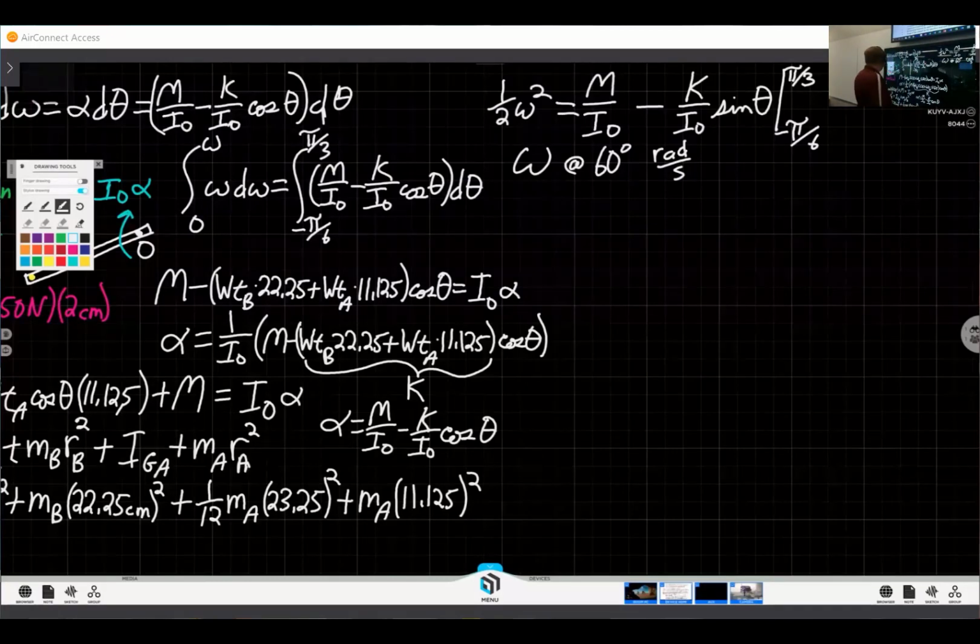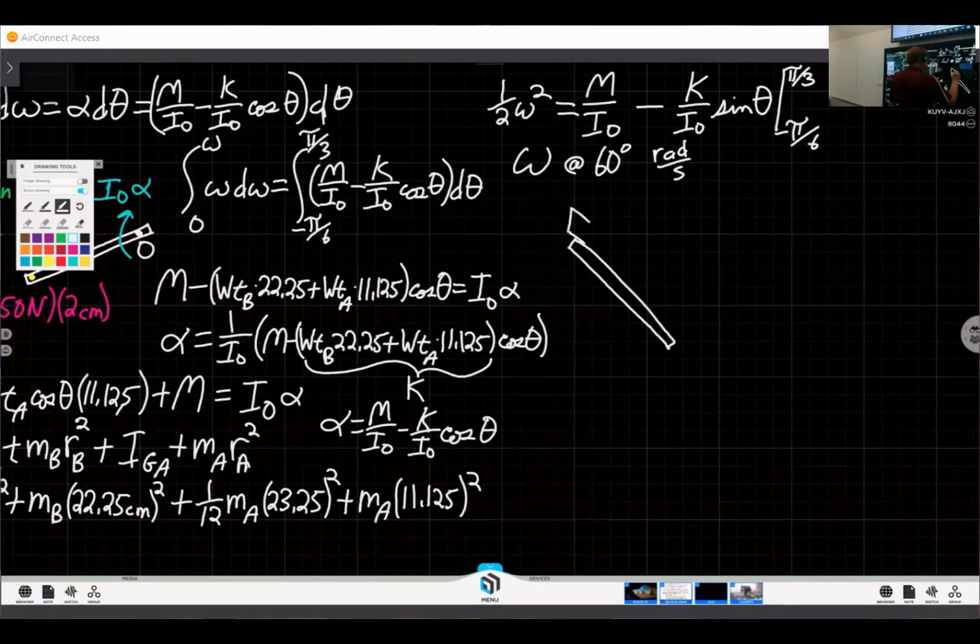Okay? So I'm going to resketch. Now that we know that, resketch my arm here. We've got our ball. We're launching at the velocity of the ball. We're at our 60 degrees.